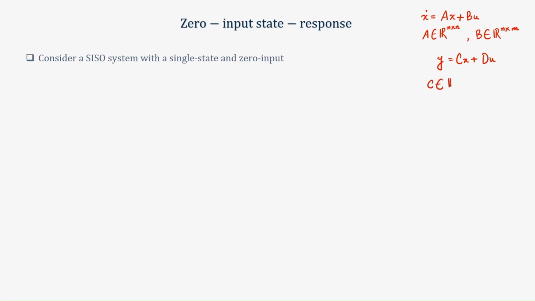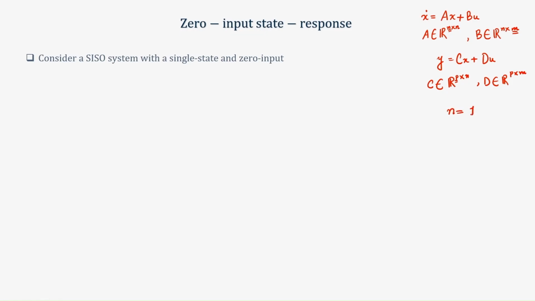C was p cross n and D was a p cross m matrix. So, basically there are m number of inputs, there are p number of outputs and there are n number of states.